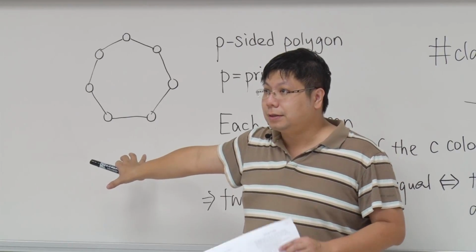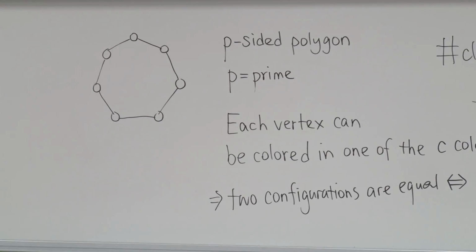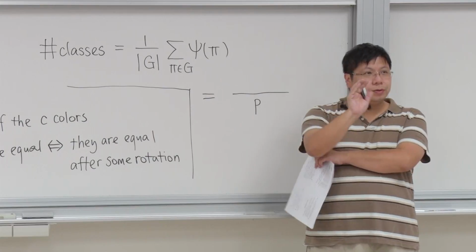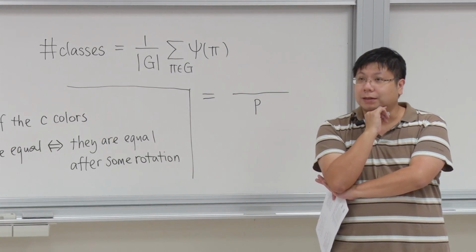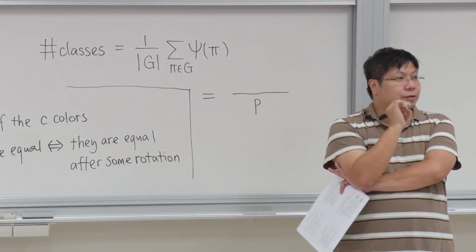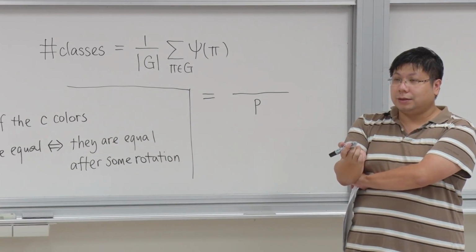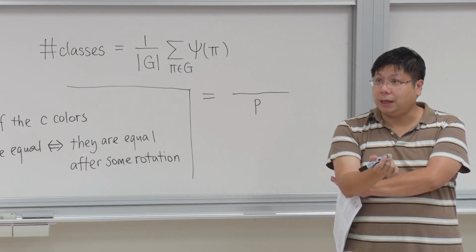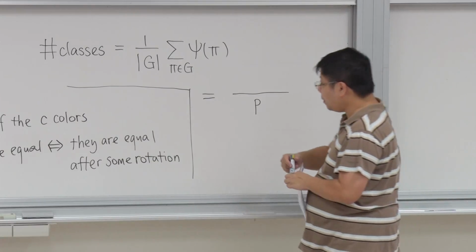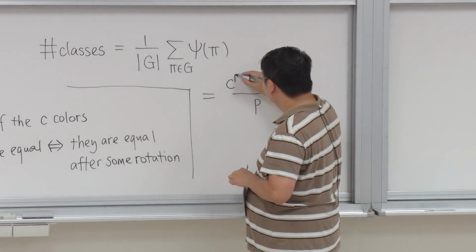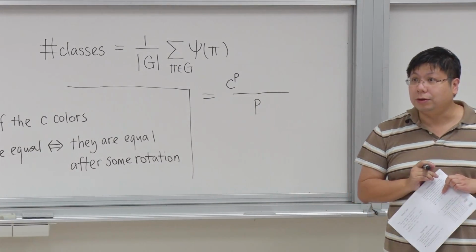So for the permutation that corresponds to no rotation at all, how many invariants do we have? Each vertex can be colored in one of the C colors, so there are C to the power P. This corresponds to no rotation at all.